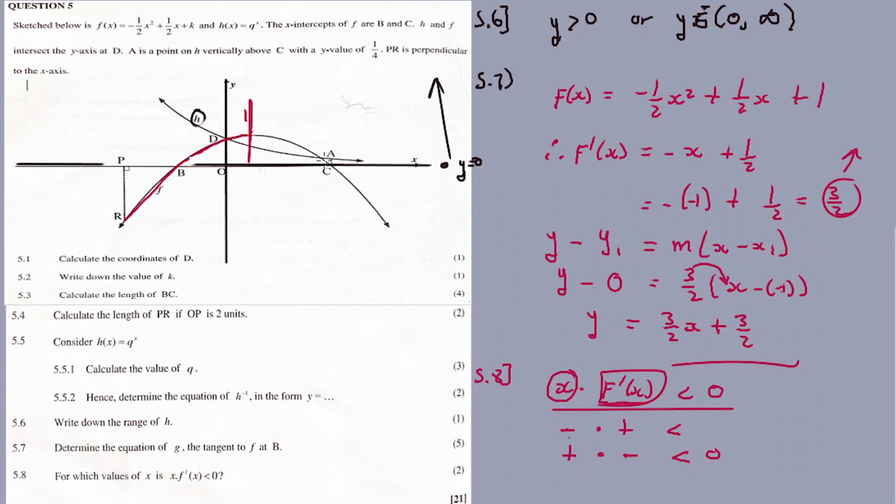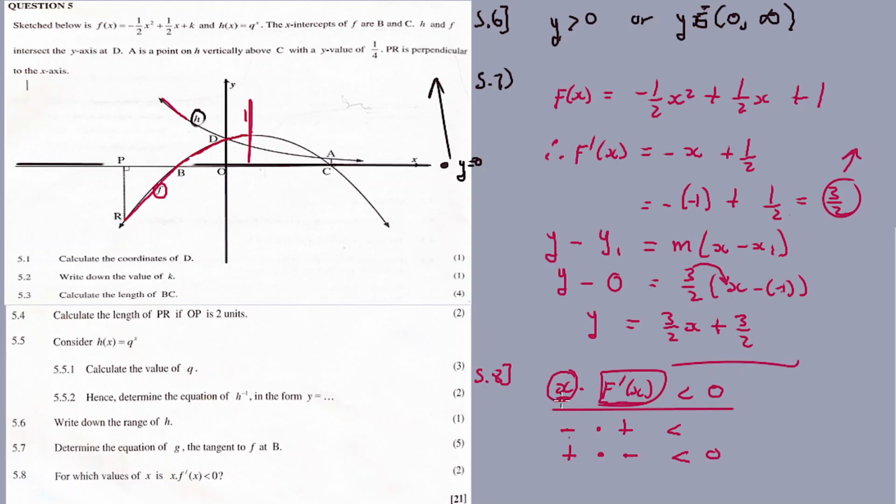If it's concave down, your gradient is negative, or your f prime x is negative. So here f prime is positive, right?